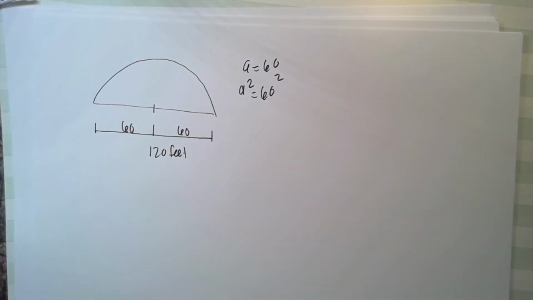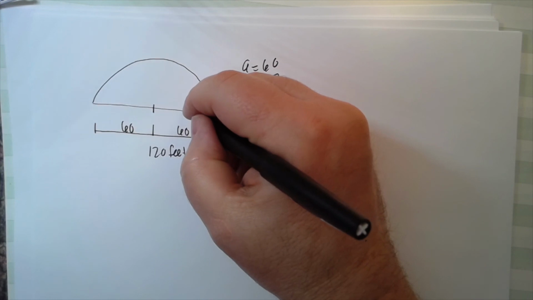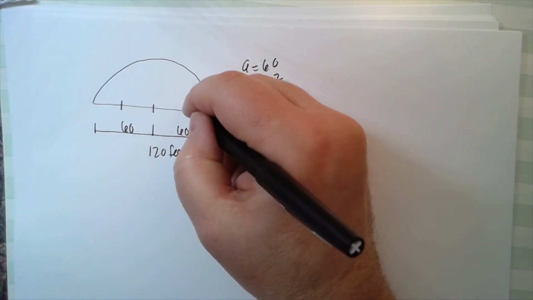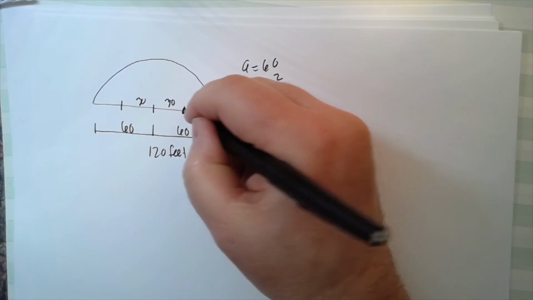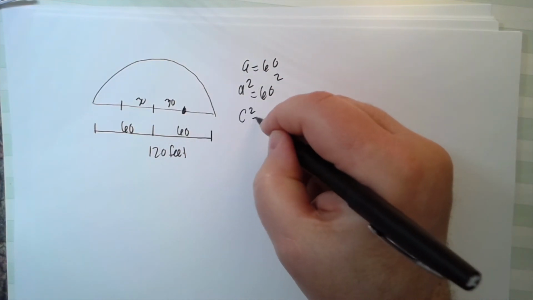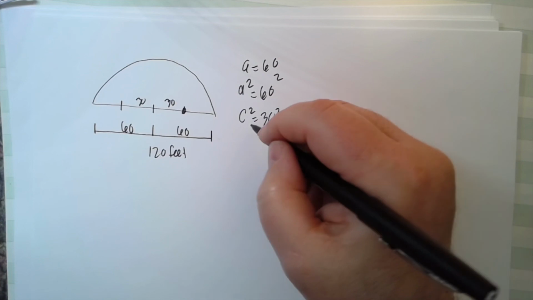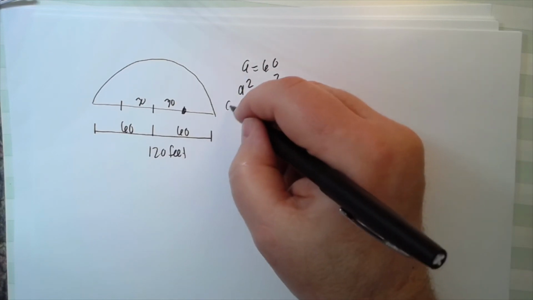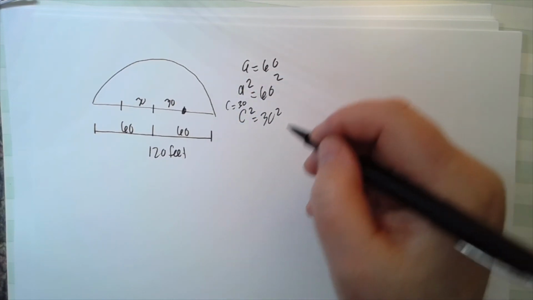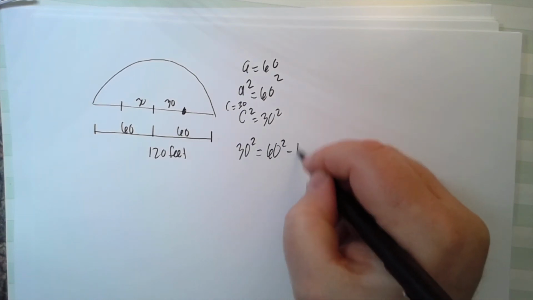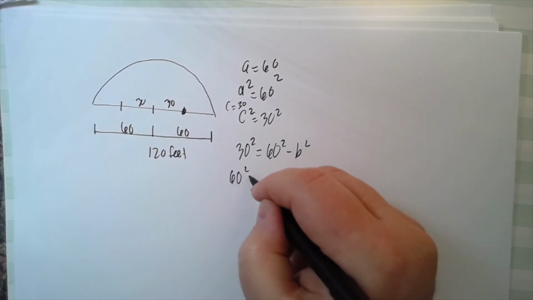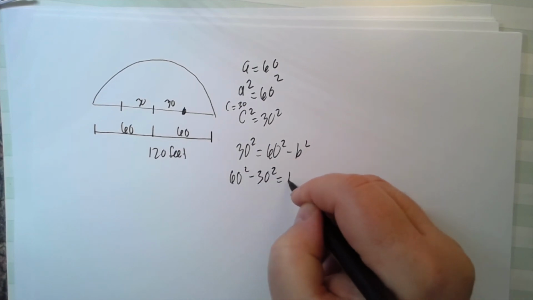Now it says that 30 feet from the center, which would be halfway. So this is 30 and 30 right here. So that's C is equal to 30, right? So we know that 30 squared is equal to 60 squared minus B squared, or 60 squared minus 30 squared is equal to B squared.